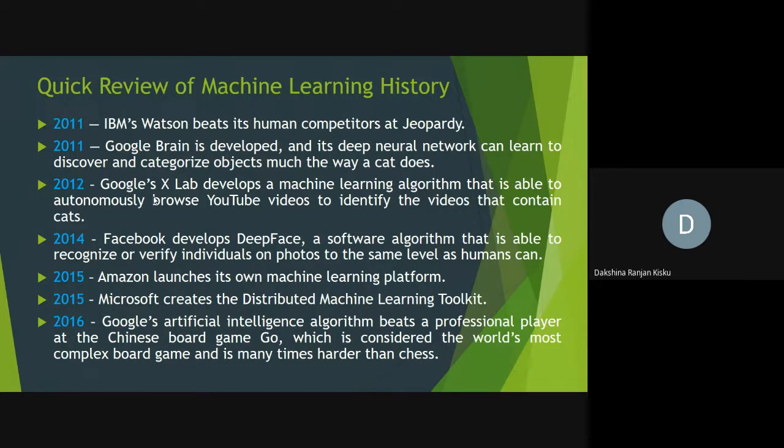Okay, so if we consider an animal which can distinguish objects in the way a machine does, then Google Brain was developed using the same concept, using a deep neural network.